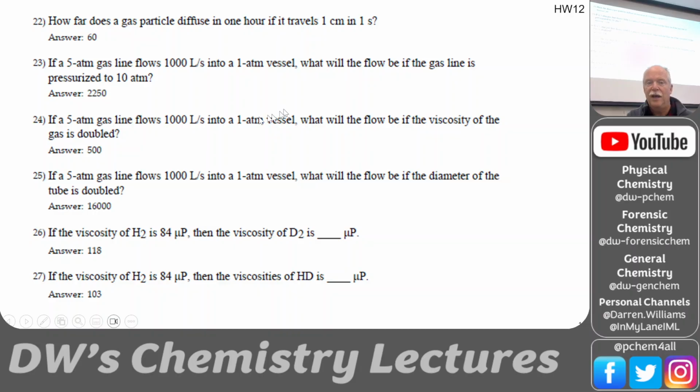It's really unnecessary information. If we double the viscosity, we have the flow, and we see the answer 500. We're not changing the pressure. Let me go find that equation for you. Okay, so we're going to pull this one up.